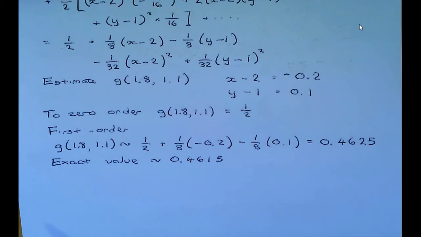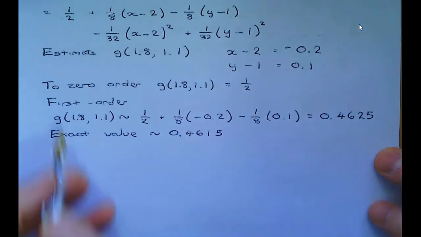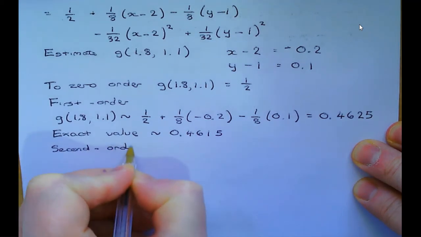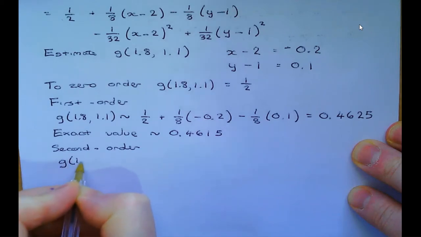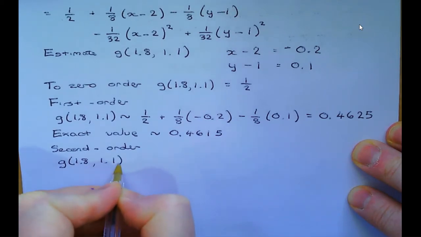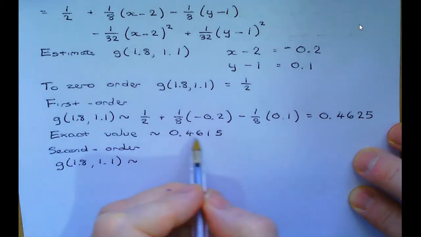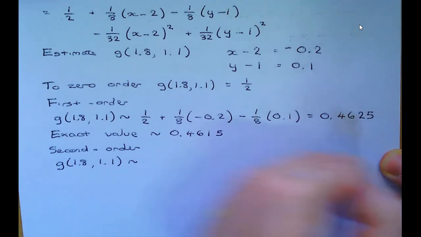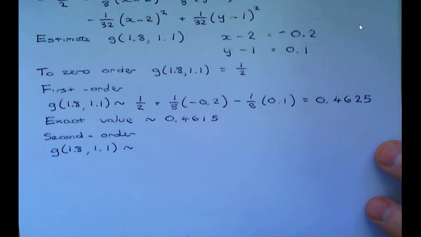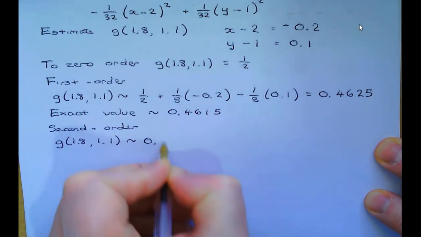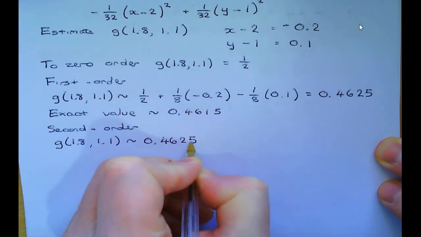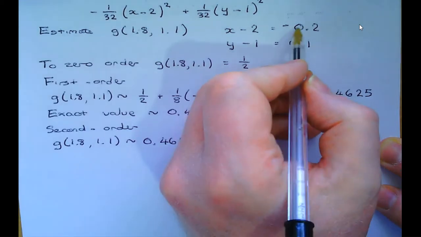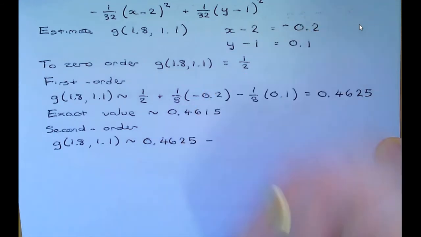Let's see what happens when we go to the 2nd order approximation. So g of 1.8, 1.1, we will have our previous answer here, and then we'll need to add in the 2nd order terms. So we'll have 0.4625 minus 1 over 32 times minus 0.2 all squared.